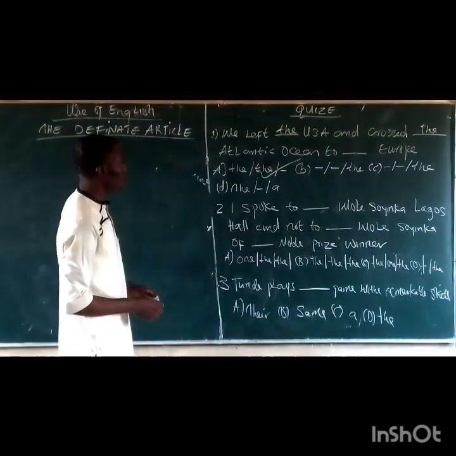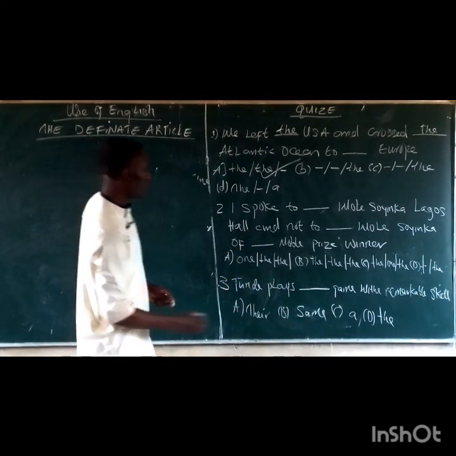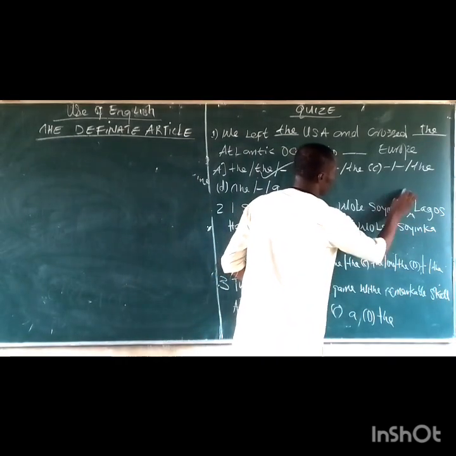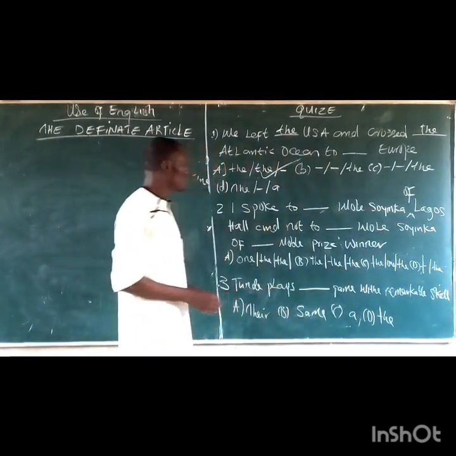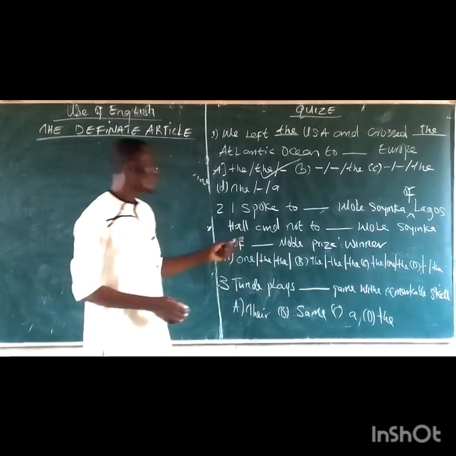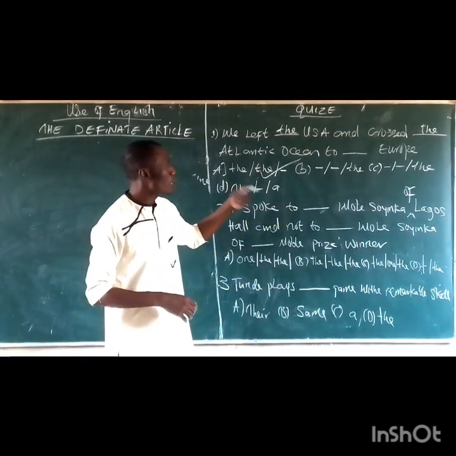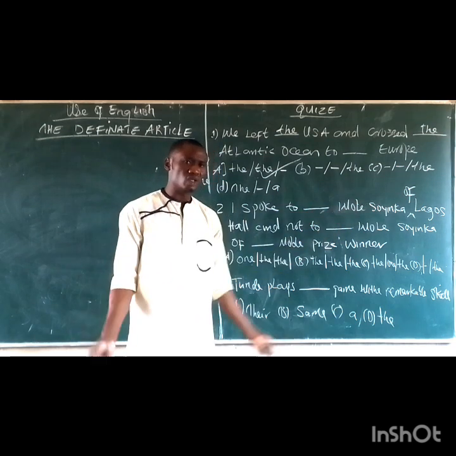So we have the next one. I spoke to dash Wole Soyinka of Lagos. There's an of here: of Lagos Hall, and not dash Wole Soyinka of dash Nobel Prize winner. Remember the rule I gave you? The Wole Soyinka of Lagos Hall is not known.